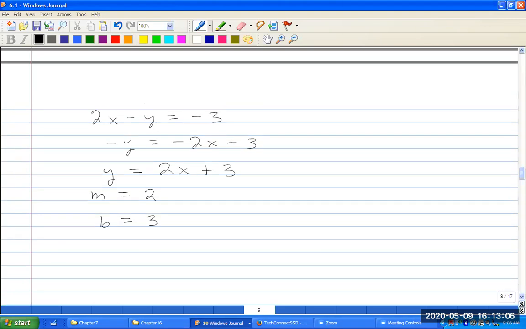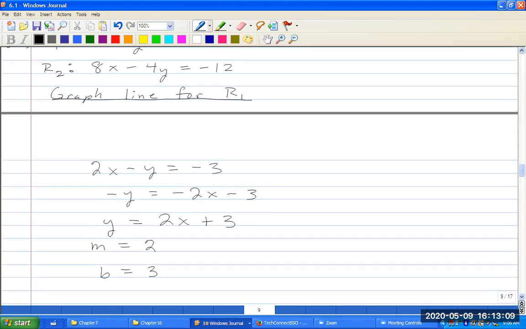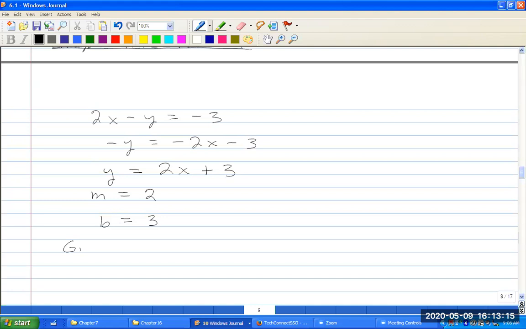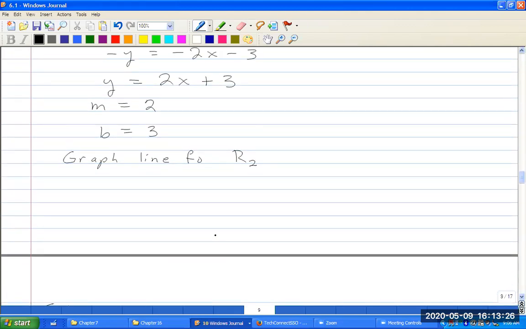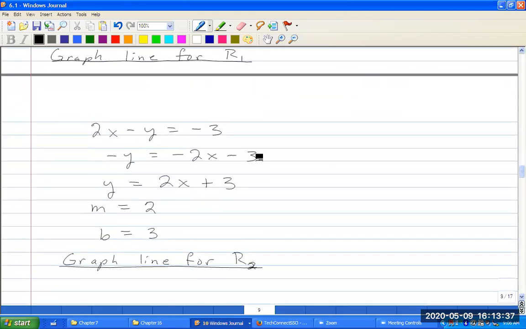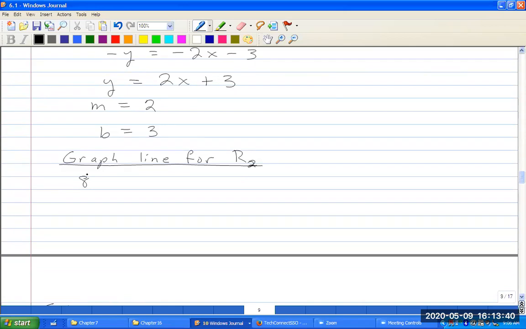Let's look at the equation for R2 and try to graph the line corresponding to that. So we have the following equation here: 8x minus 4y equals -12.